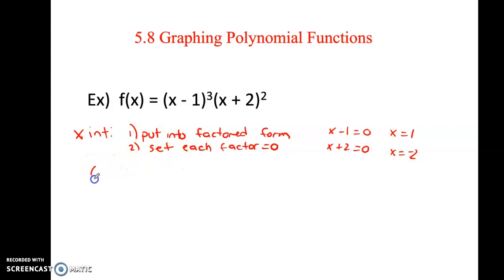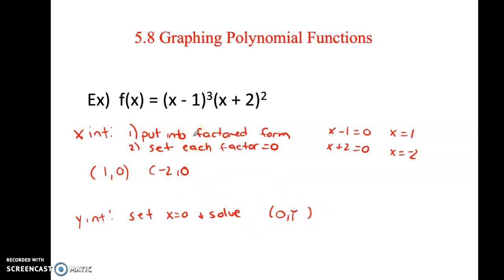So my x-intercepts in proper form are 1, 0, and negative 2, 0. And then the y-intercept is you set x equal to 0 and solve, because as we reviewed in the past, for a y-intercept, the x-coordinate is always equal to 0.